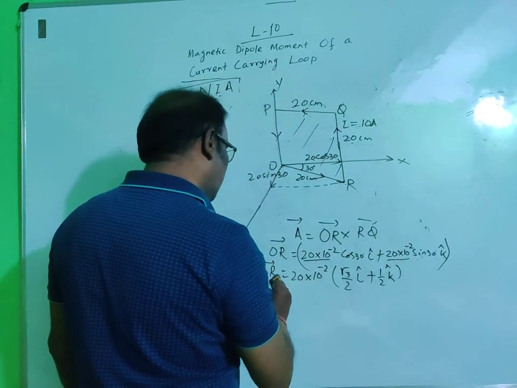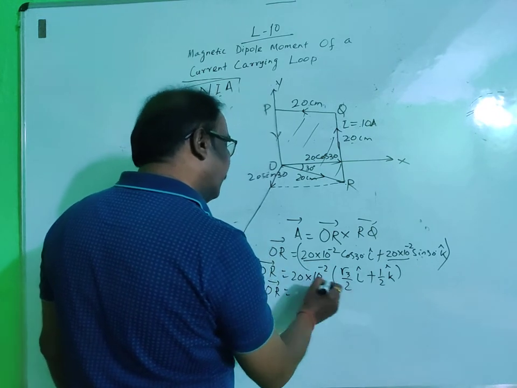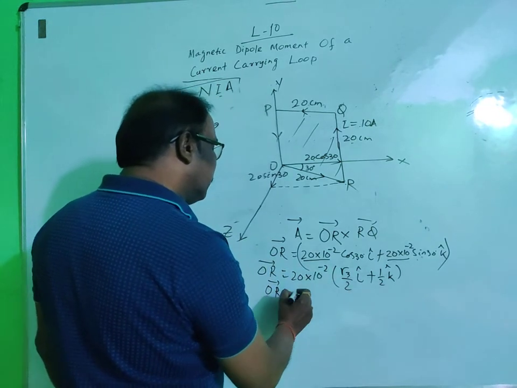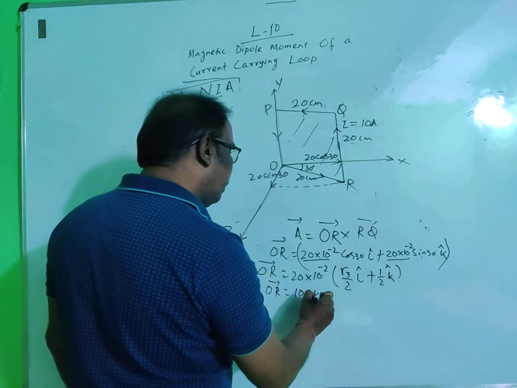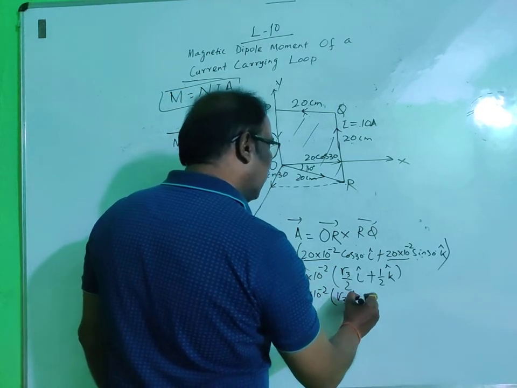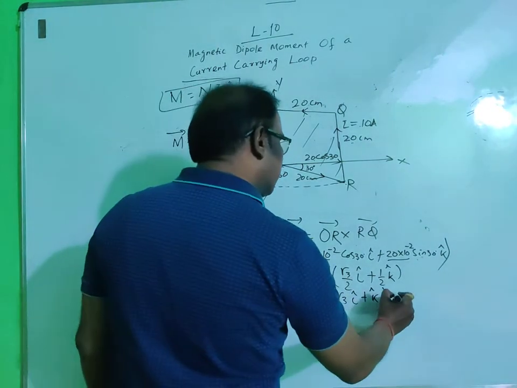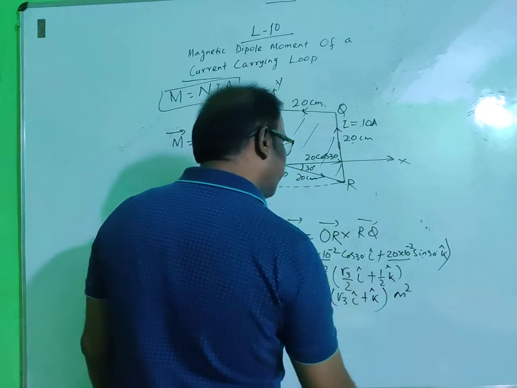Finally, OR is equal to 1 by 2 into 20 into 10 to the power minus 2, which is 10 into 10 to the power minus 2 into root 3 i cap plus k cap. This much magnitude in meter.